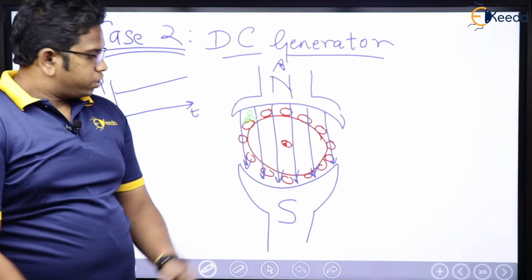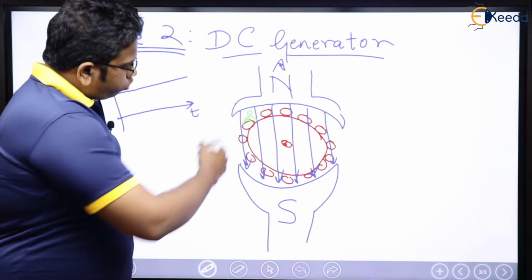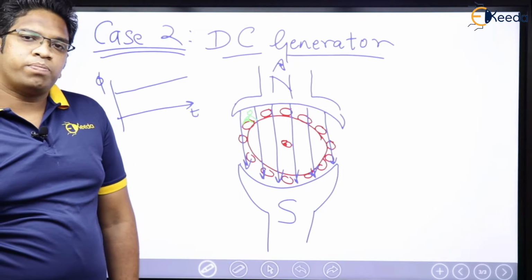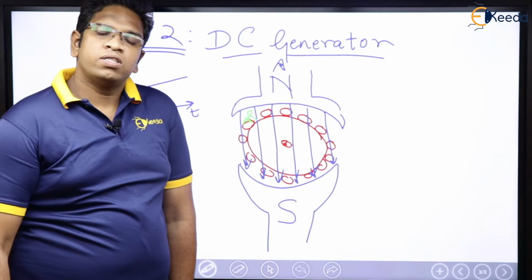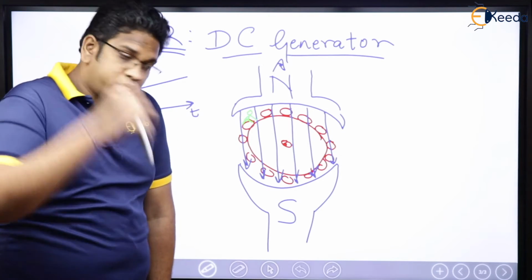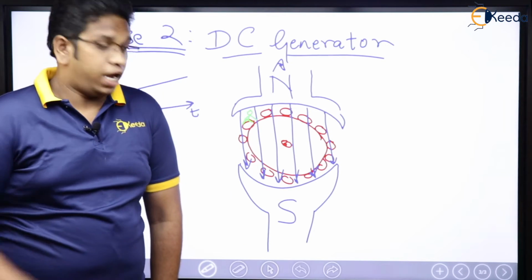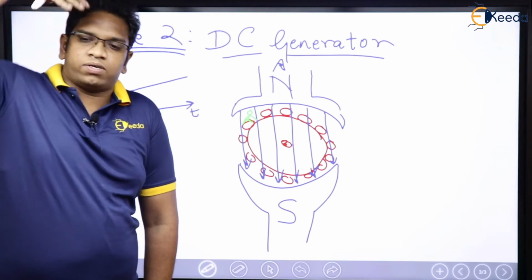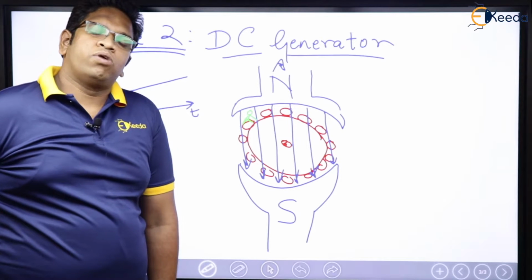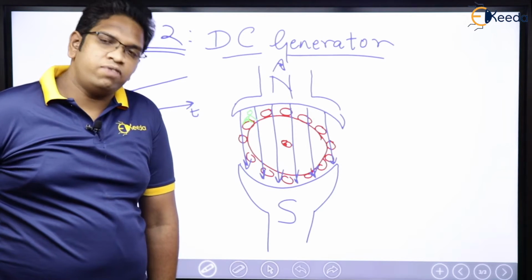The moment I am sitting below this north pole, I am not going to experience any variation in the flux because I am sitting in one single place. North pole is here, south pole is here, flux lines are going like this. No problem, I will not find any variation.